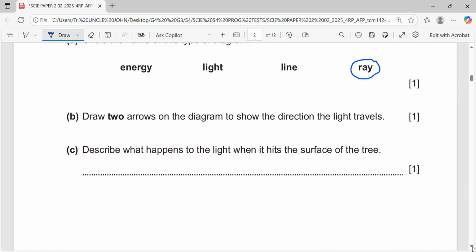Okay, you can move to question 3, meaning C. Describe what happens to the light when it hits the surface of the tree.